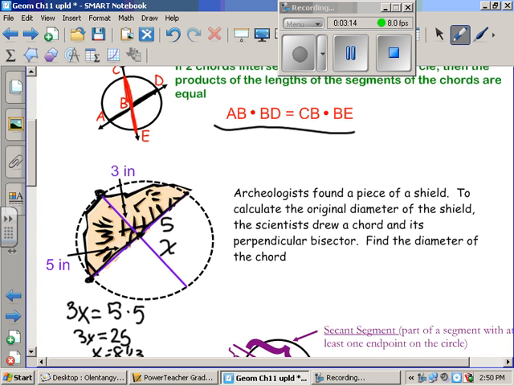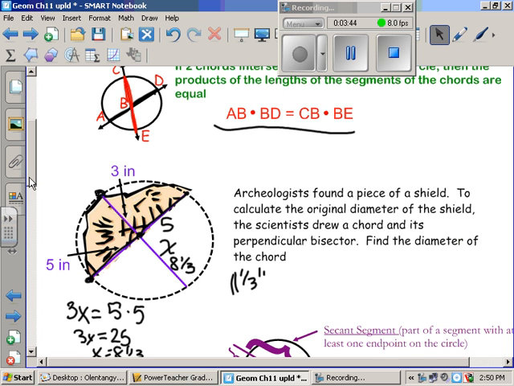So the diameter, because this is a perpendicular bisector, is 8 1/3 and 3. So that's 11 1/3 inches. Does everybody understand?